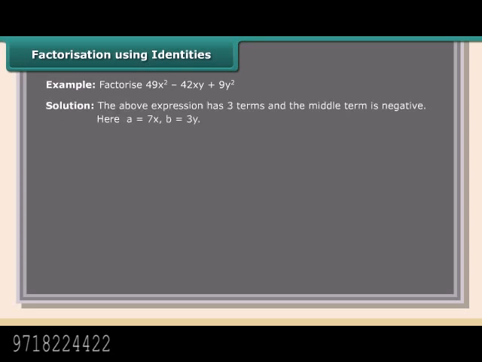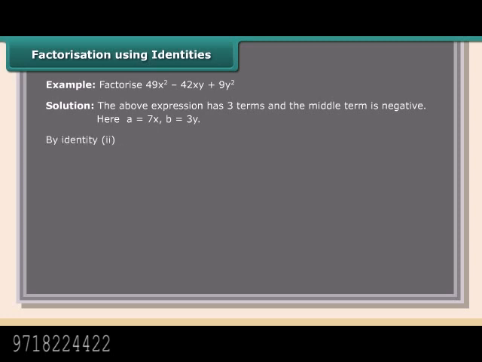Example: factorize 49x² − 42xy + 9y². Solution: the expression has 3 terms and the middle term is negative. Here a is equal to 7x, b is equal to 3y.